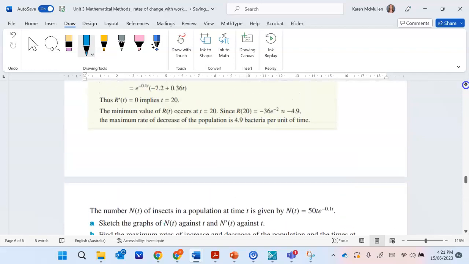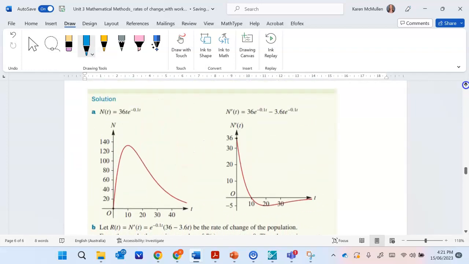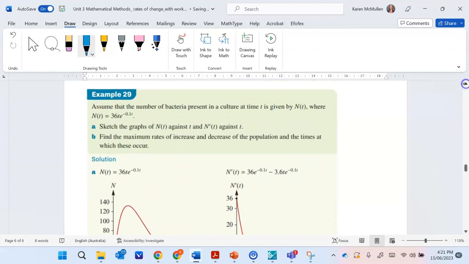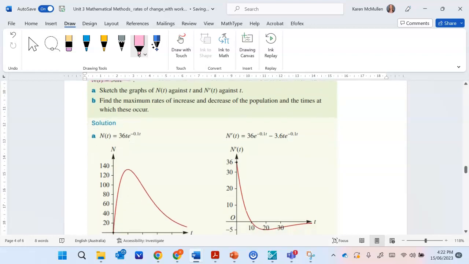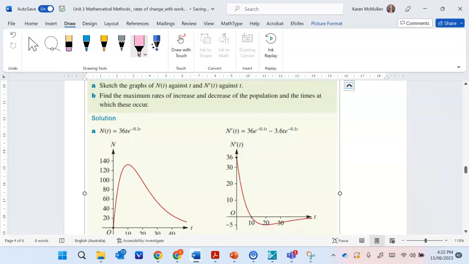Sorry, just scrolling. Okay, so in this example 30, we're kind of leading on. So we've still got the same function. Sketch it, so we've already sketched that, so I'm not going to sketch it again. We can see here on the solution it's been sketched. We want to find the maximum rates of increase and decrease of the population.